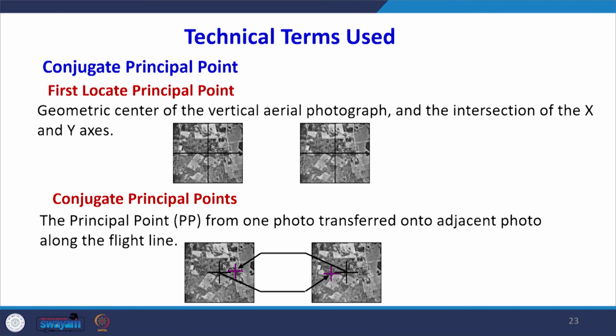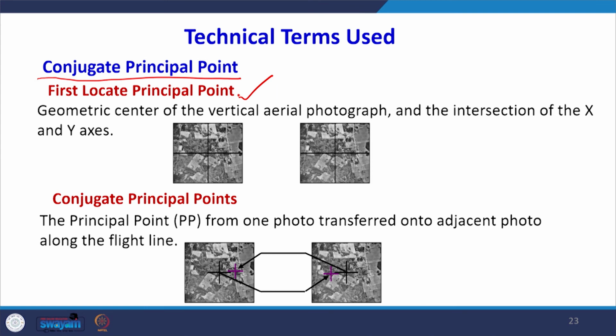Then once we determine the principal point, the next job is to determine the conjugate principal point. In order to determine the conjugate principal point, we are taking help of the principal point which we have already located. So, our first job will be to locate the principal point of the photograph.